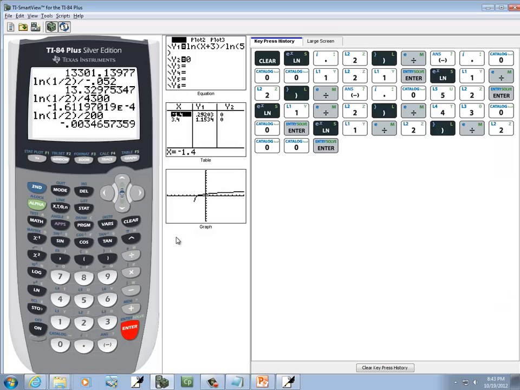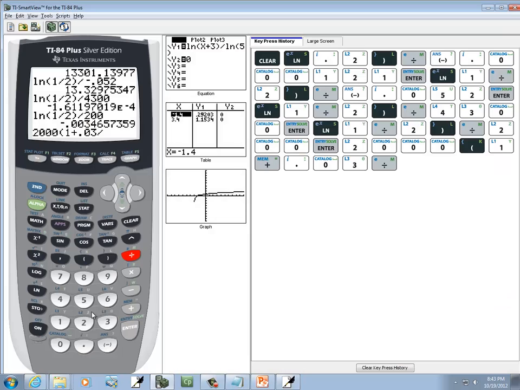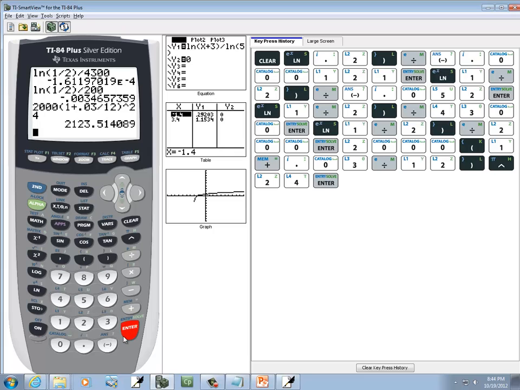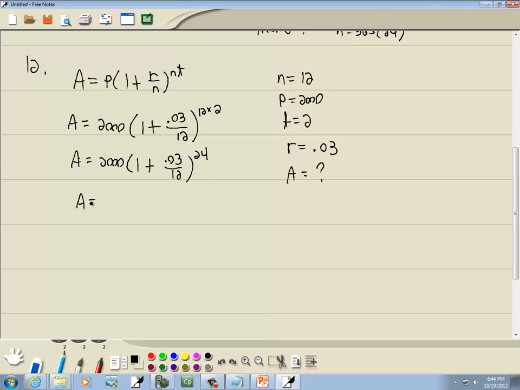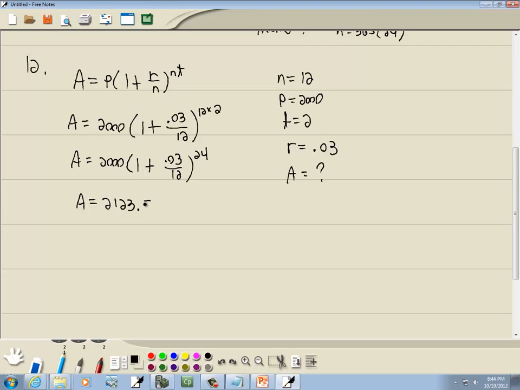Let's put this in: 2,000, open parentheses, 1 plus 0.03 divided by 12, close parentheses, caret 24. I'll round to 2 decimal places. So A would be 2,123.51.